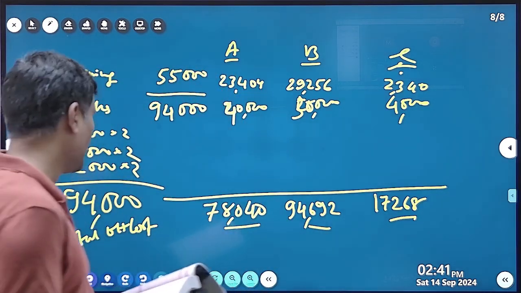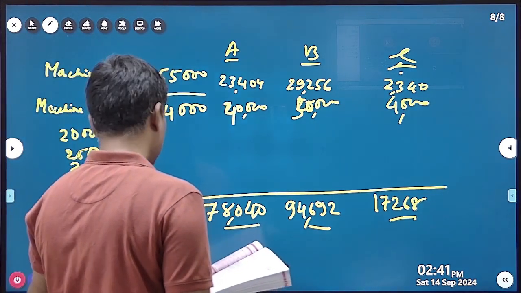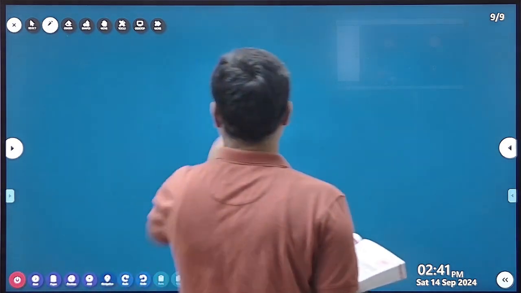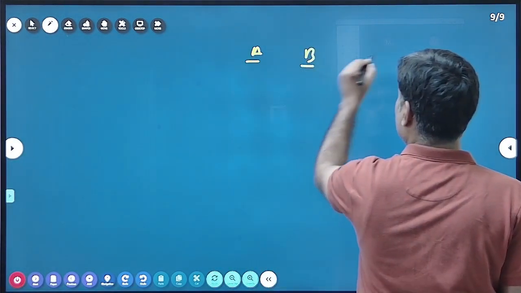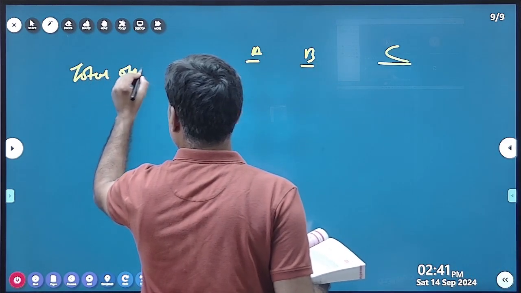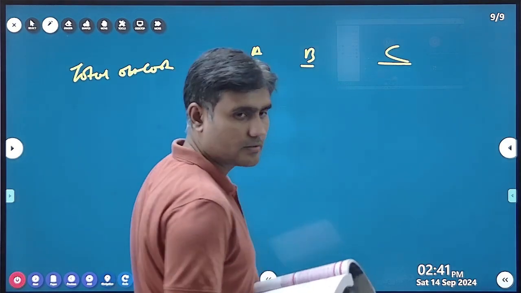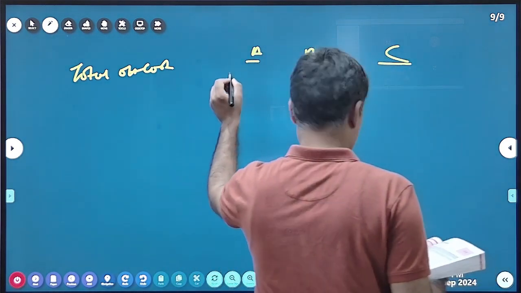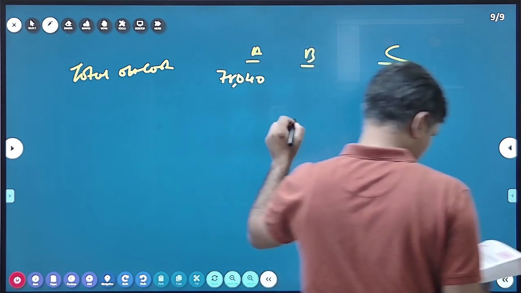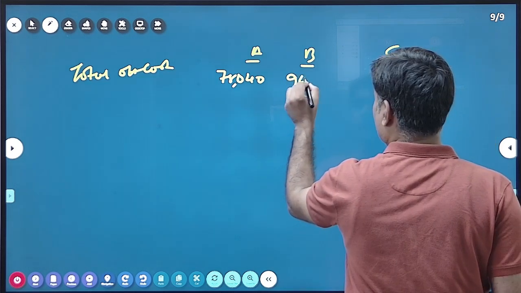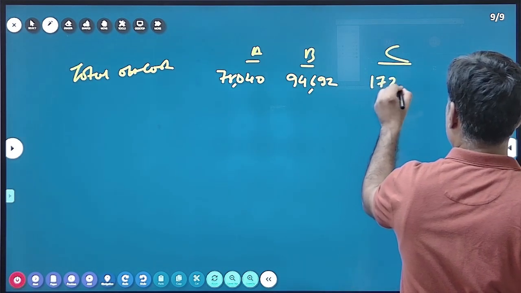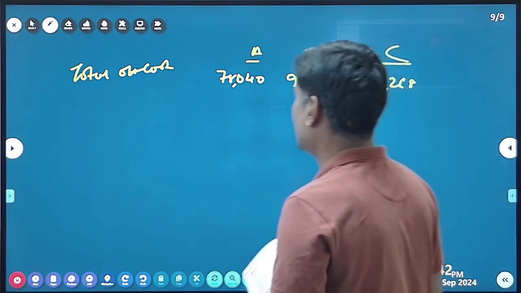Okay, number of units. Next, total cost for A, total overhead cost: 178,040, 94,692, 17,268. So these are our overhead costs.